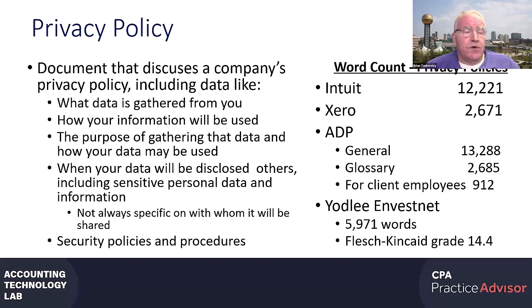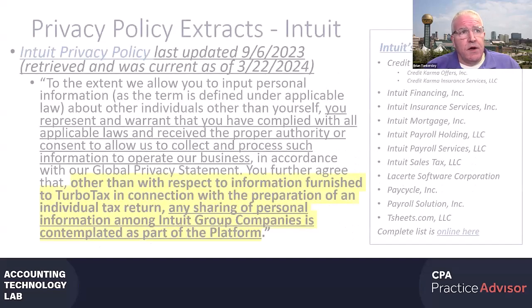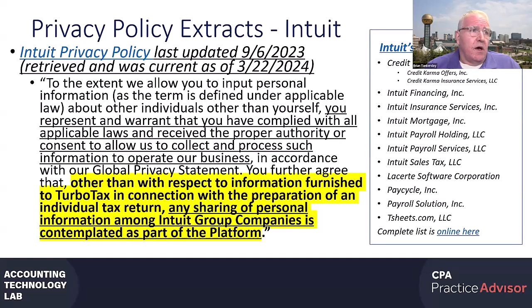Now, let's go through and talk about some of these uses. Okay, so for example, here's Intuit's privacy policy, and this version of it is the one that was current as of March of this year. And so I haven't updated this of late, but it says that you've complied with all applicable laws and received proper authority or consent to allow us to collect and process such information to process our business.